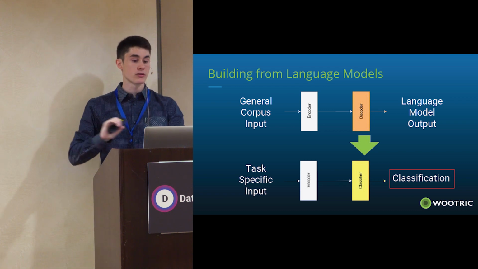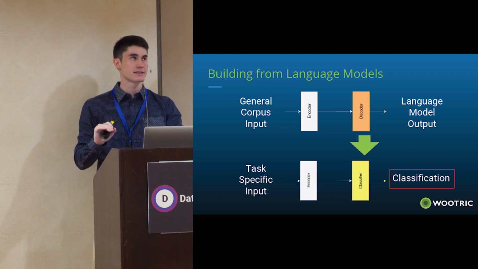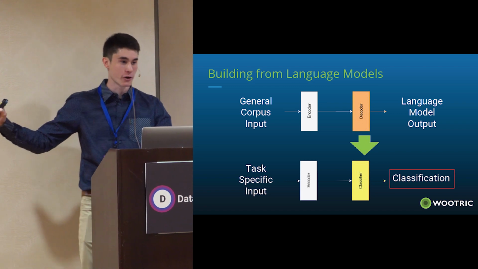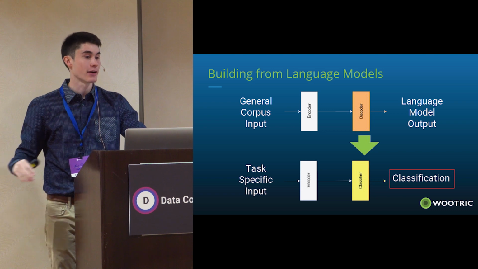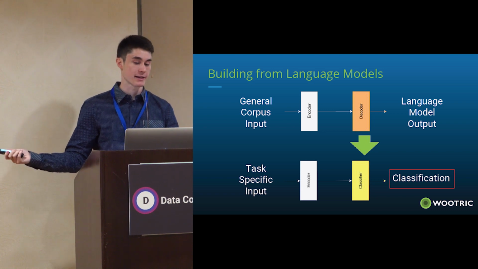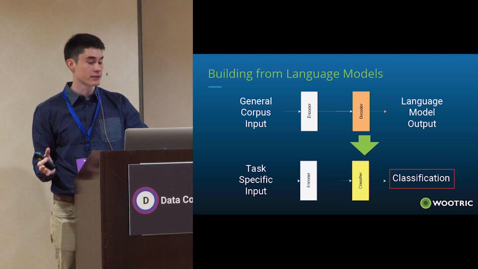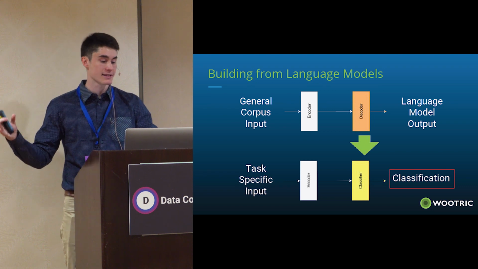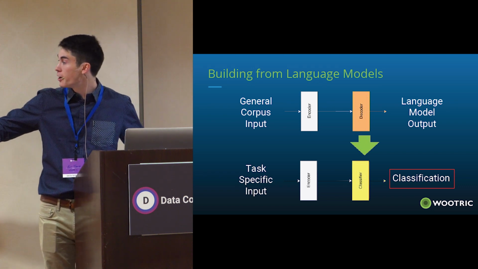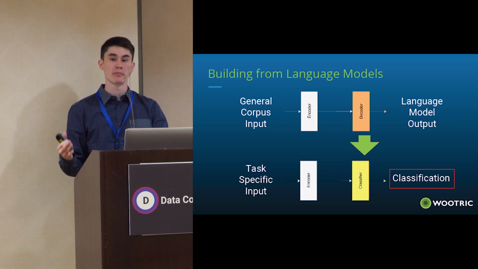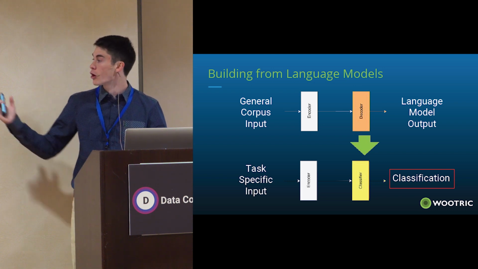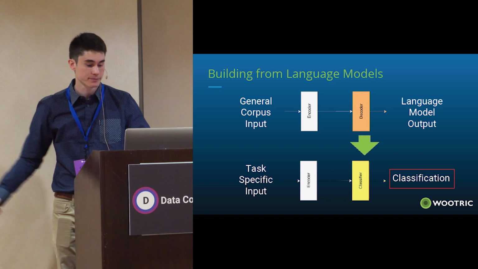Then what we can do is remove the decoder and put on our own uninitialized classifier that we then train on our much smaller data set. The great benefit of this is that the encoder already has a lot of the intricacies of how language is used, and then we can learn from a much smaller feature set for our task-specific classification.